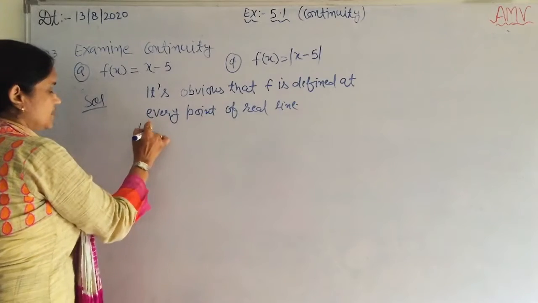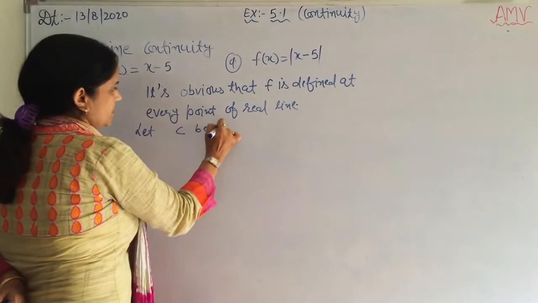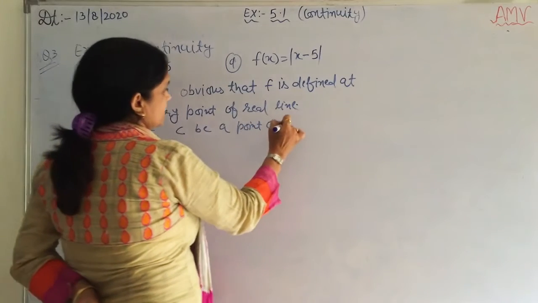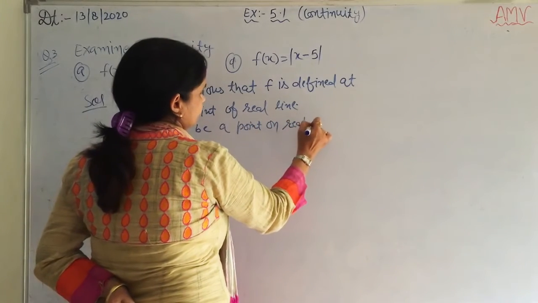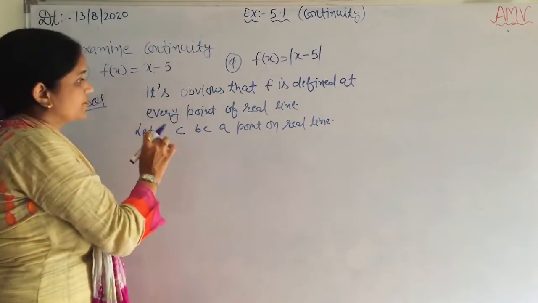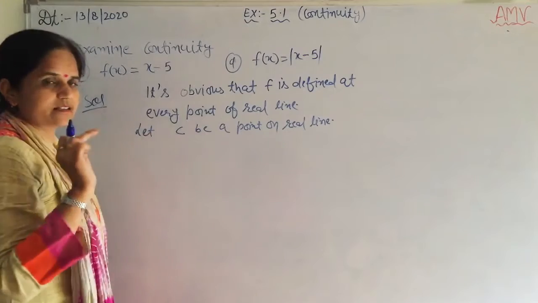Let c be a point on the real line. Now we have to prove that the function is continuous at c.